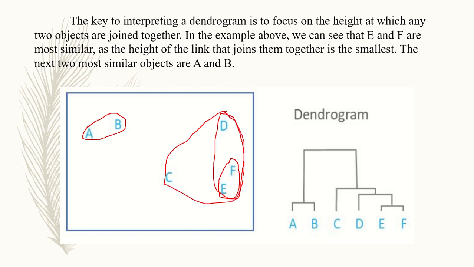Then at this stage we have 2 clusters, AB is one cluster and this is one cluster. Then the similarities decrease, and all together will form one cluster. This is how a dendrogram is interpreted.